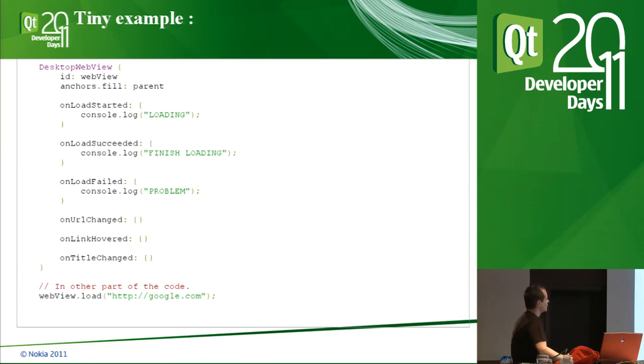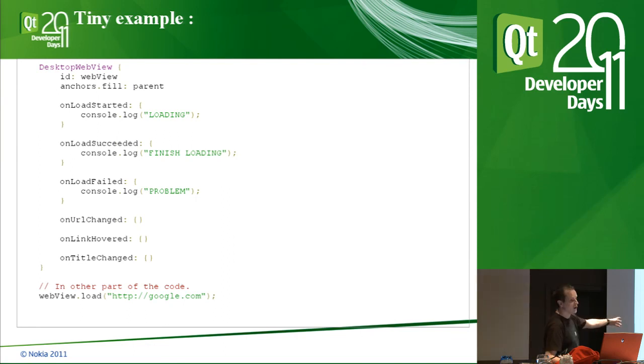So a tiny example: you can create this desktop web view in QML. You can fill it using anchors, it has all the anchor properties like in QML, and you get a bunch of signals and slots that you can connect to in QML when the loading starts, when the load succeeds, when the load fails. You get parameters with the signal, so you can get the error code and do something in your application.